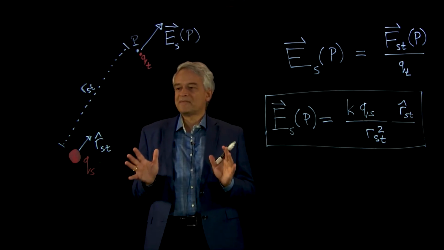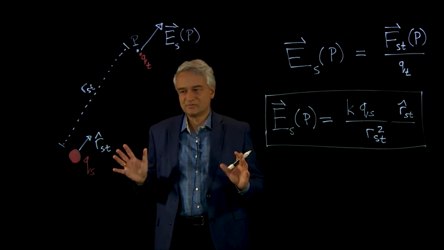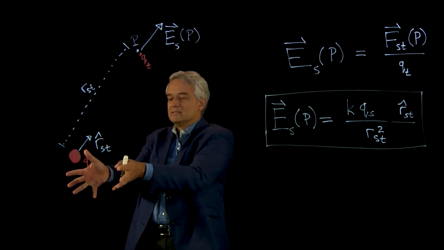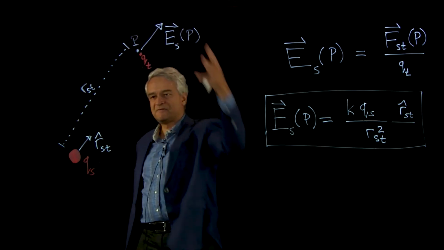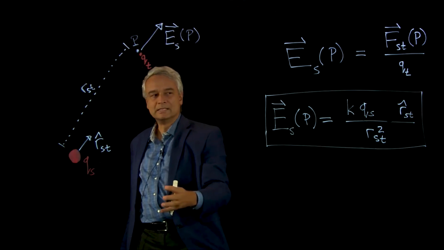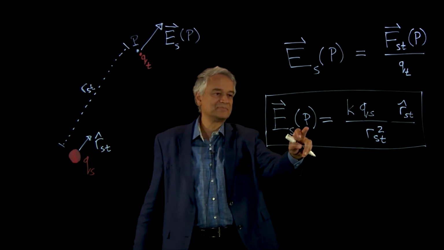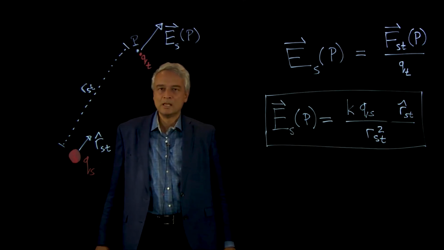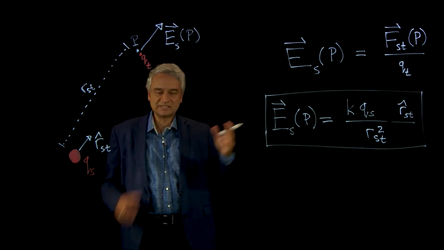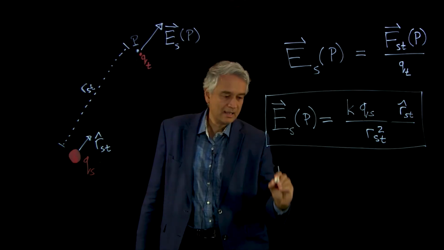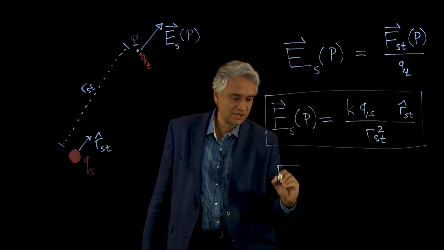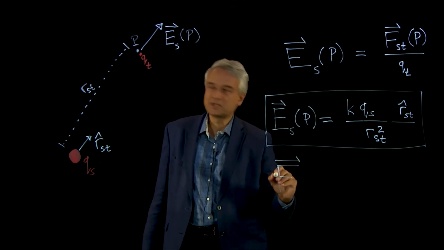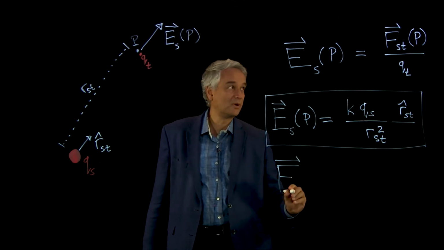So the way you should think about this now, this is a recasting of Coulomb's law. Here I have a charge, qs. This qs makes an electric field. It makes an electric field at all points. The electric field that it makes at this particular point is given by Es of P. Here's my expression. And what good is an electric field? What does an electric field tell me? If I were to stick a charge down at the point P, then that charge qt would feel a force.